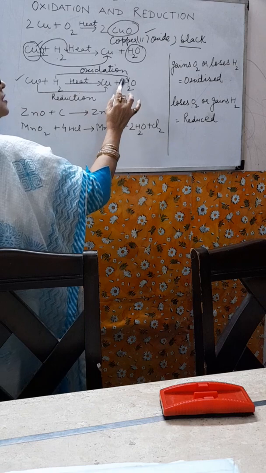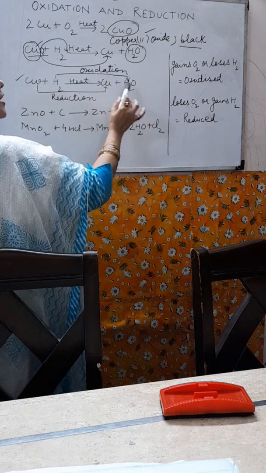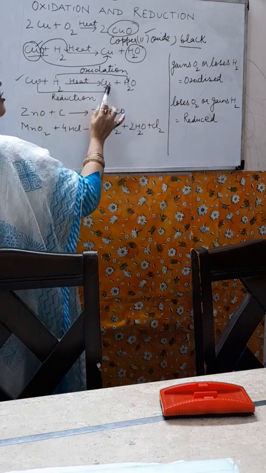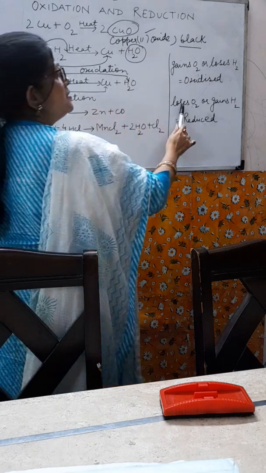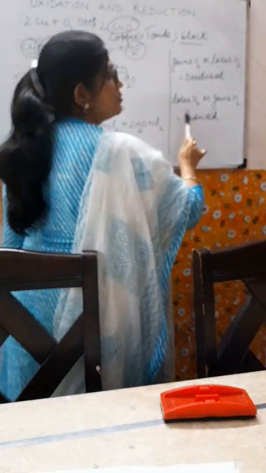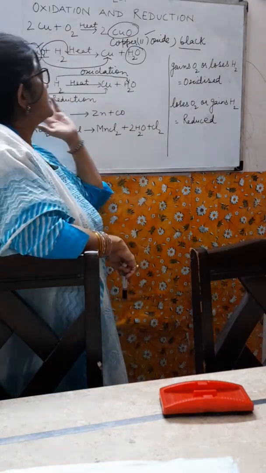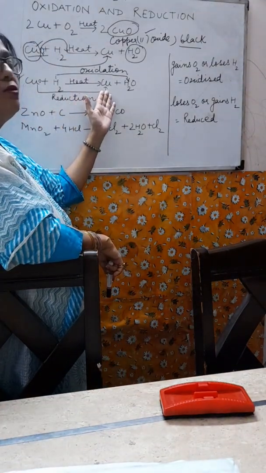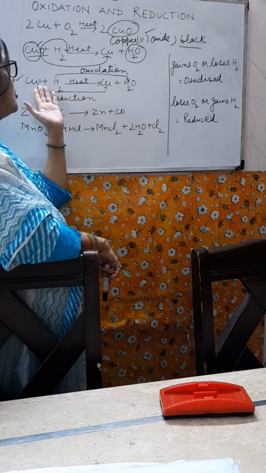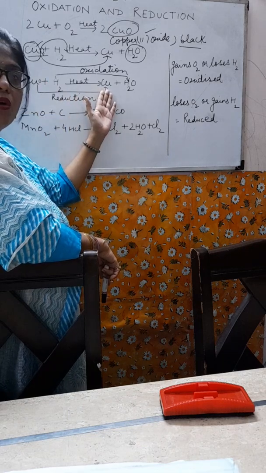It has lost this oxygen and given it to hydrogen. So here there is no oxygen, that means it is losing oxygen. So this process is known as reduction, and copper oxide is said to be reduced to copper.